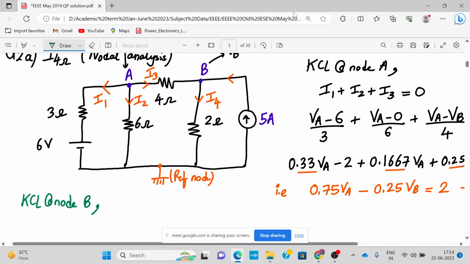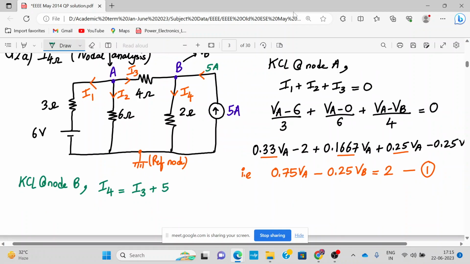Outgoing current is I4 and incoming currents are I3 and 5 amperes. So I4 is equal to I3 plus 5. This should be clear. If this is clear, then the numerical is over.